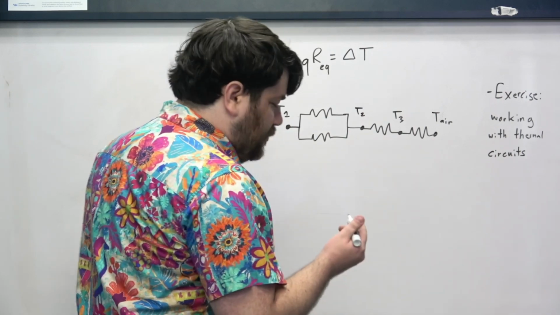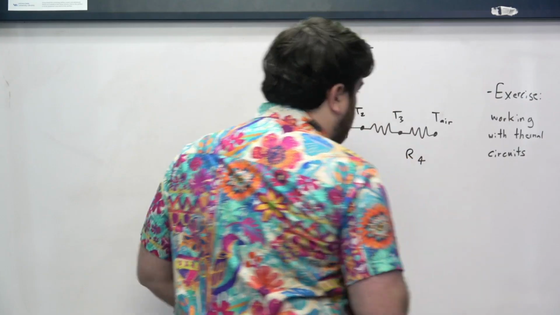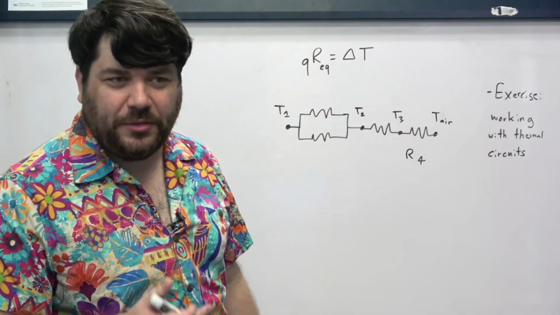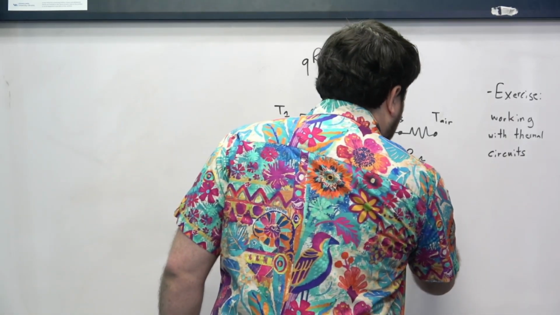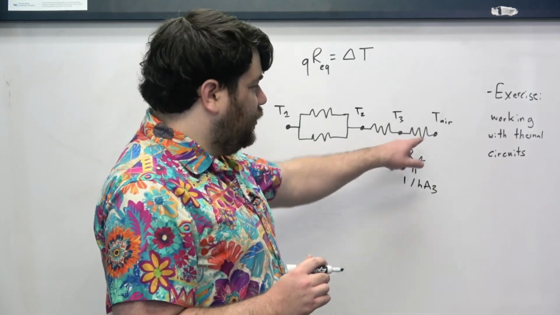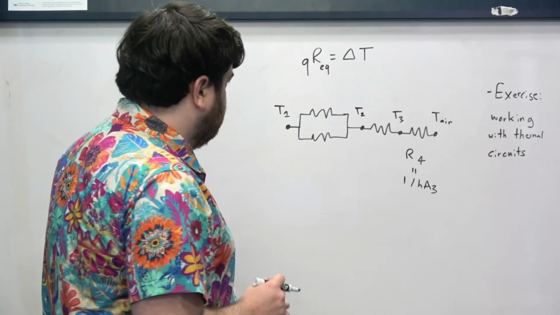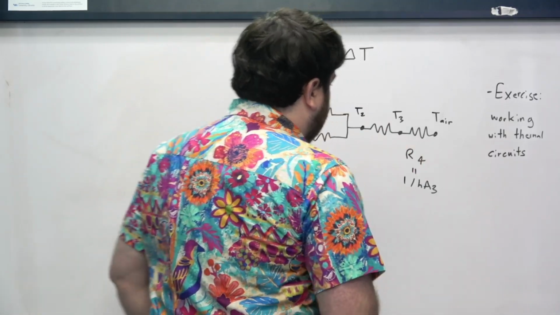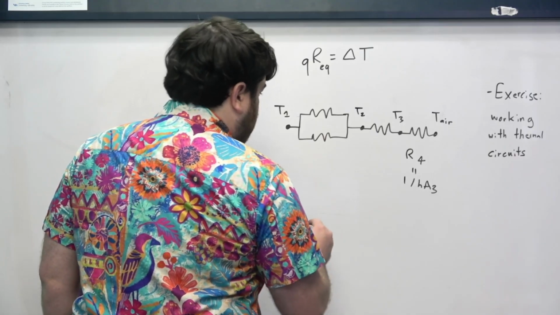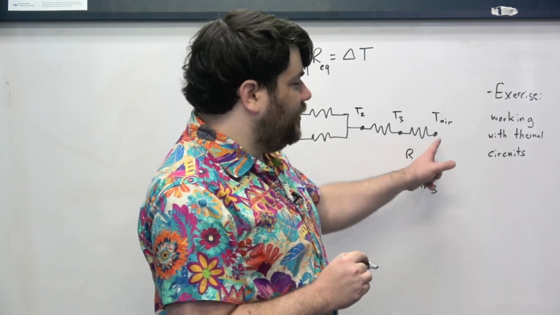So in this situation, right? This thermal resistance, which we had labeled R4 before, right? It's just 1 over h times A3. So this thermal resistance over here that represents the air can be analyzed from the perspective of just saying, well, Q times R4 is equal to the difference in temperatures between here and here.